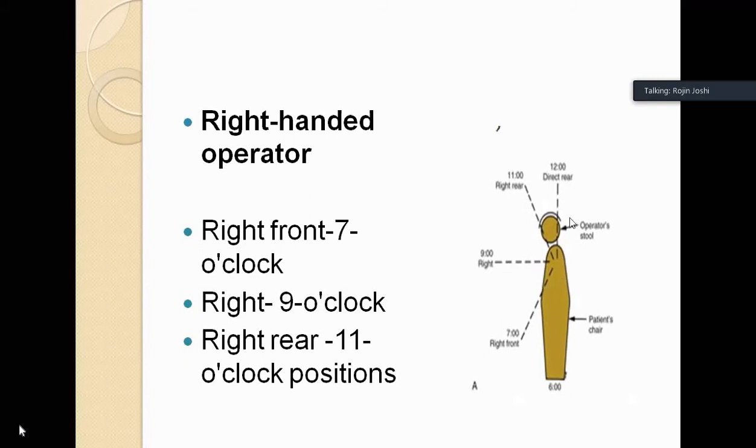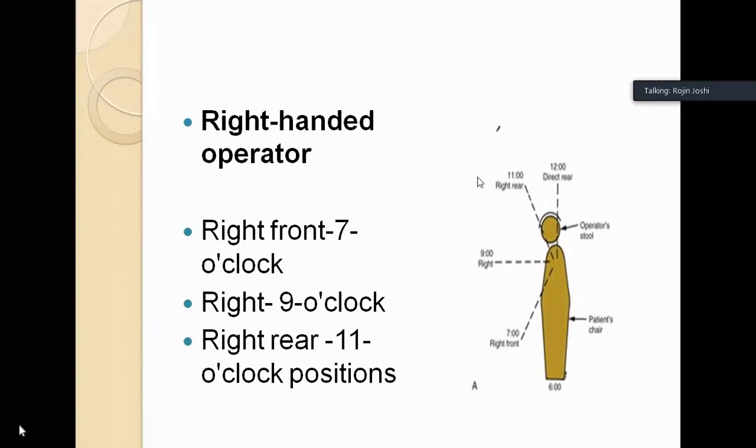Similarly, this is for a right-handed operator. For a left-handed operator, what do we have? We have the 12 o'clock position. Then instead of the 11 o'clock position, we'll have the 1 o'clock position. Instead of the 9 o'clock position, we'll have the 3 o'clock position. And instead of the 7 o'clock position, we'll have the 5 o'clock position.